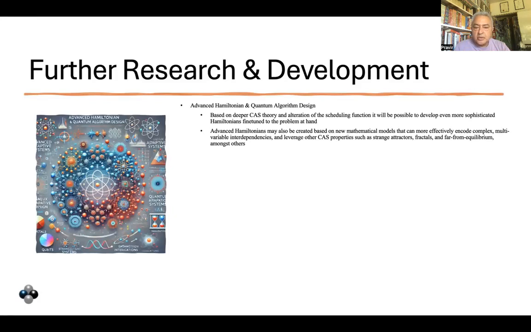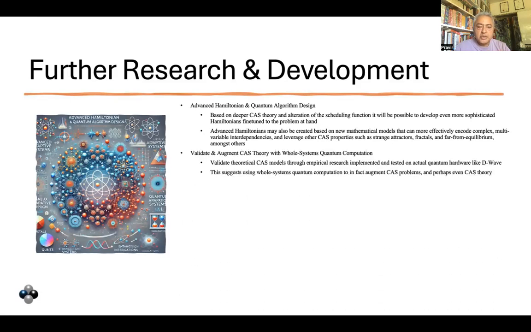Now, the advanced Hamiltonians may also be created based on new mathematical models that effectively encode complex multivariable interdependencies that leverage other CAS properties, which we haven't looked at in this presentation, such as strange attractors, fractals. We touched on far from equilibrium, amongst others, but these can also be embedded into Hamiltonians.